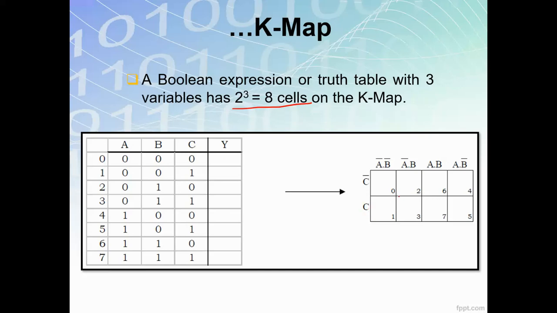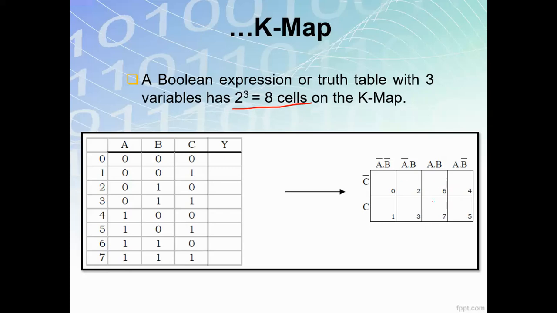So for the labels of your three variable Kmap, they start from the left with 0, 1, the second column is 2 and 3. The fourth and fifth cells will be at the fourth column, and the sixth and seventh will be at the third column.